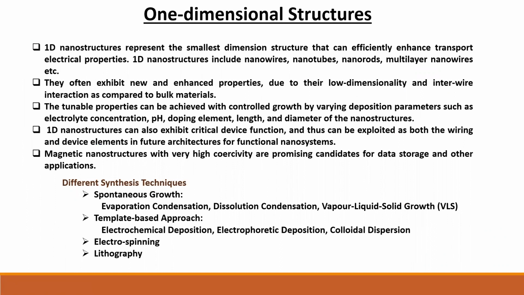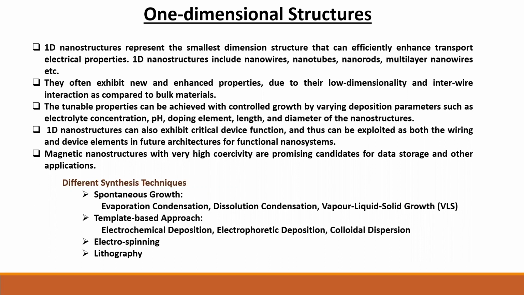So we understand this, but how can we synthesize the one-dimensional nanostructures, and what are the one-dimensional nanostructures? One-dimensional nanostructures represent the smallest-dimension structures that can efficiently enhance the electrical transport properties.